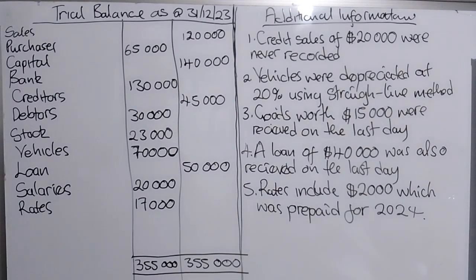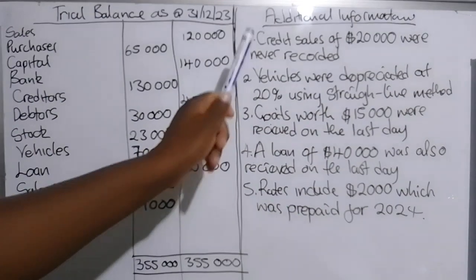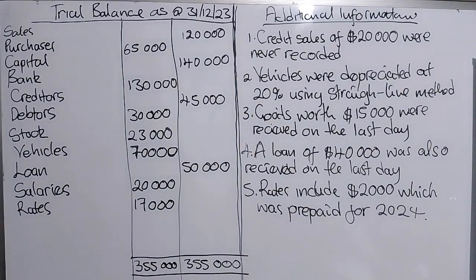Another affected account: we made these sales on credit, which means we gave our customers products but they did not pay. So debtors are also affected. The two accounts affected are sales and debtors.